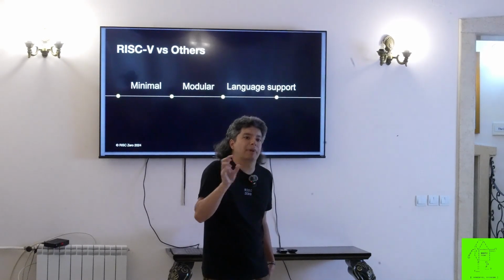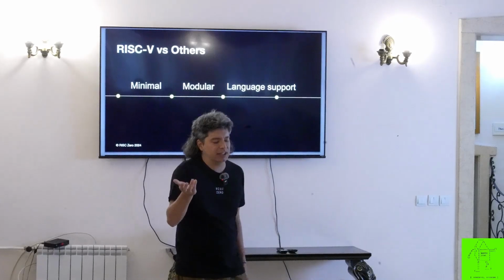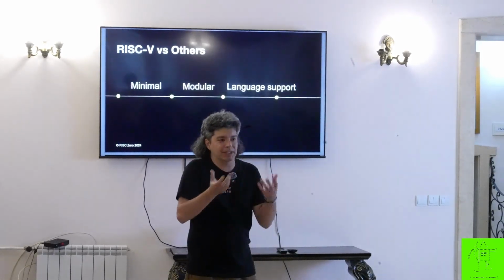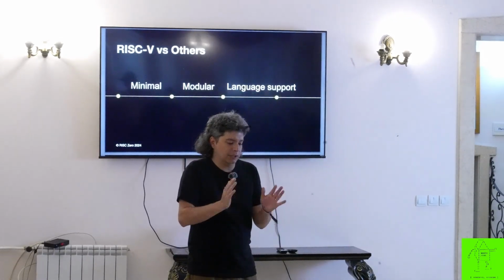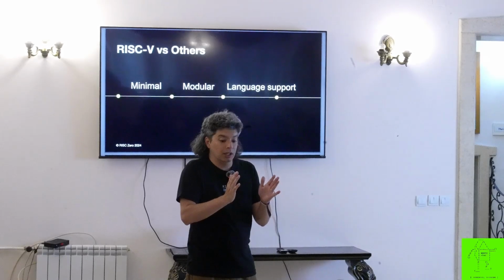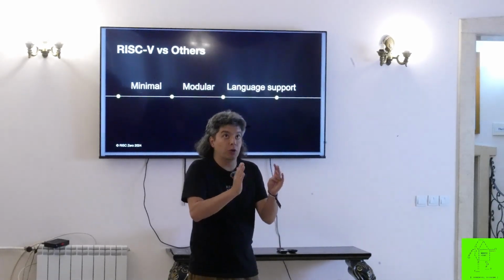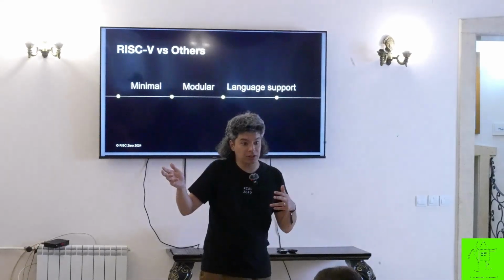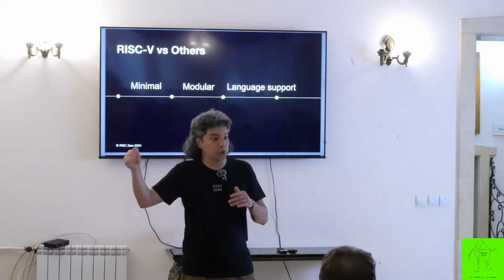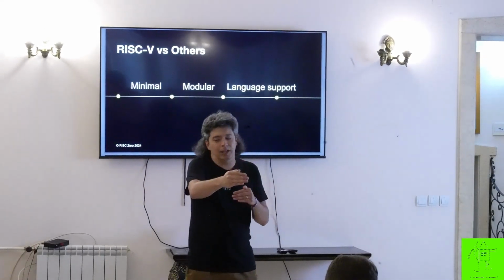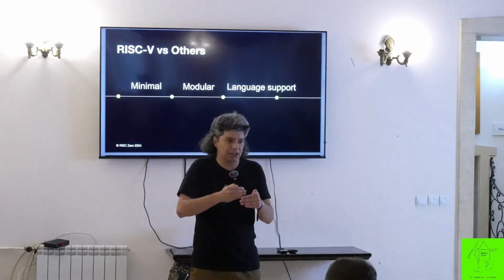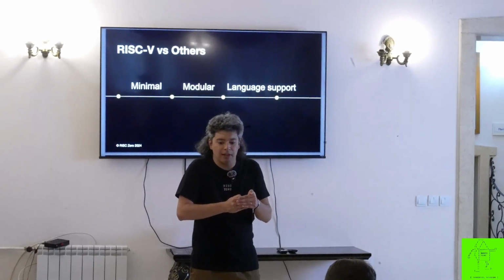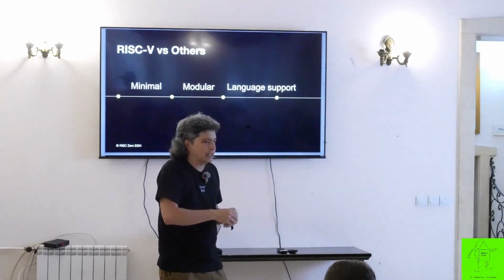A good comparison is between RISC-V and WebAssembly. WebAssembly will say that in order for a WebAssembly interpreter to be conformant, it must implement a lot more instructions than, say, RISC-V.